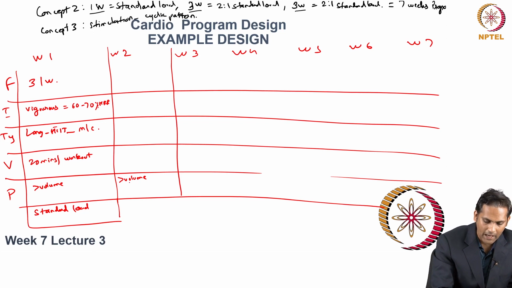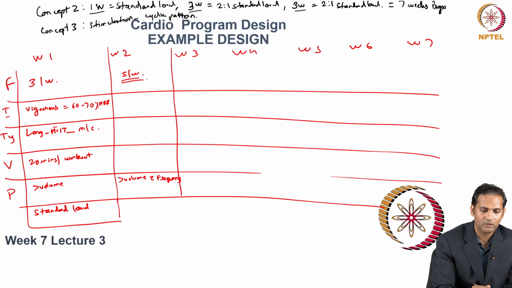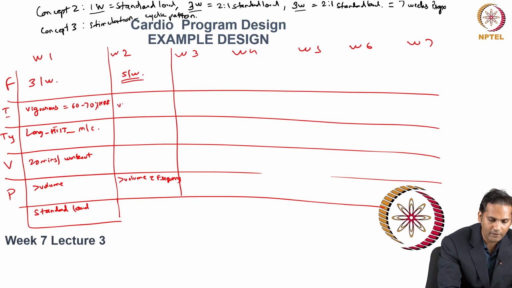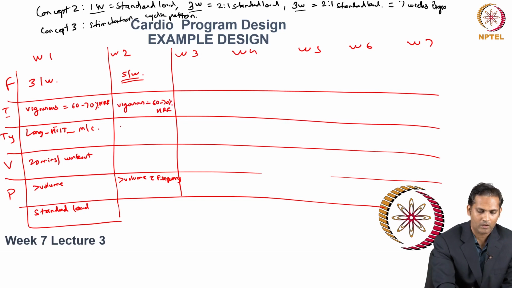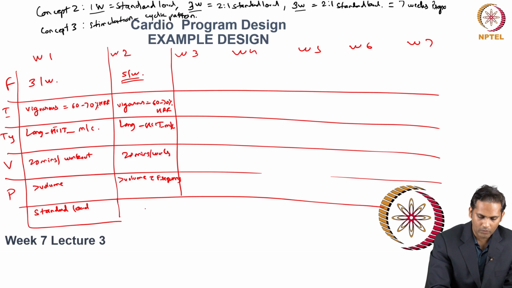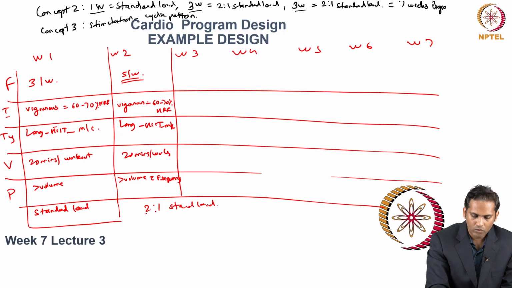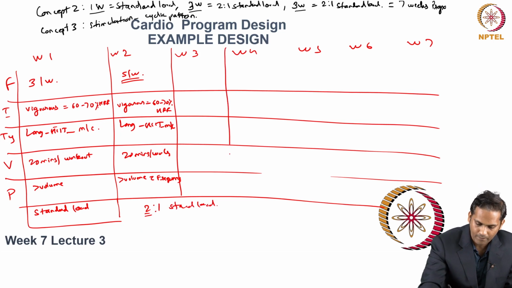I mention it as frequency, and you reflect it in the frequency mode. Everything else would be exactly the same as week 1: 20 minutes per workout. Now this is a 2:1 standard load, so it means for 2 weeks back to back I'm going to give a stimulation.